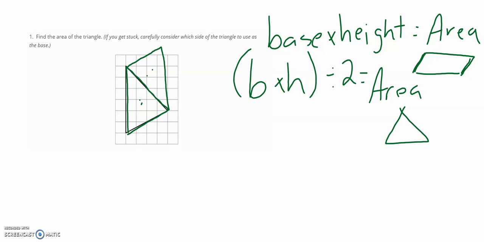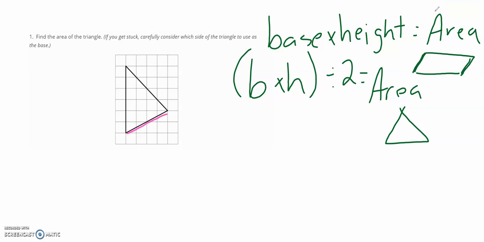Any triangle can be duplicated, as in we make a copy of it, to make a parallelogram. So to find the area of a triangle, we do base times height divided by 2 to get the area of just one triangle.